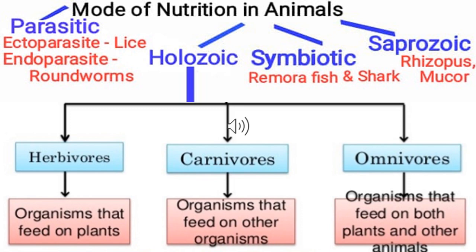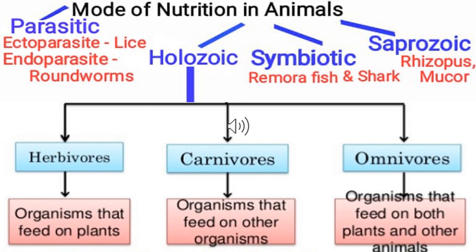Herbivores are those which are eating the plant's products or grasses such as cow, zebra, deer, etc. Carnivores are those which are feeding upon the herbivores or other animals such as tiger, lion, etc. Omnivores, those who are eating both the animals and plant products, they are called the omnivores such as bear, human, etc.